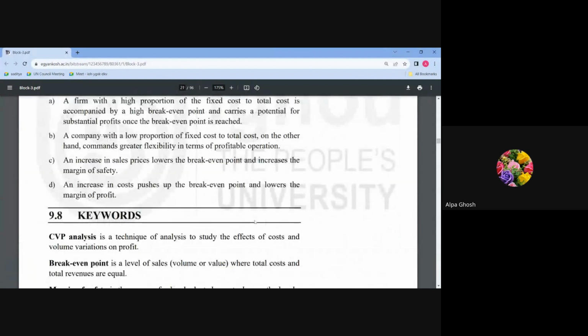Your network is not proper. You just write what you want to say in the chat box, because there is a problem with your network, I suppose. There is continuous disturbance.